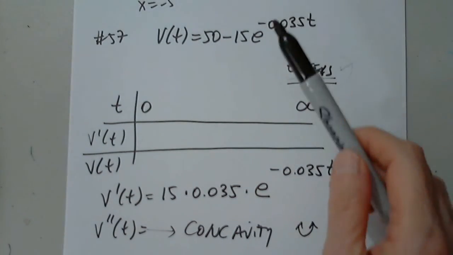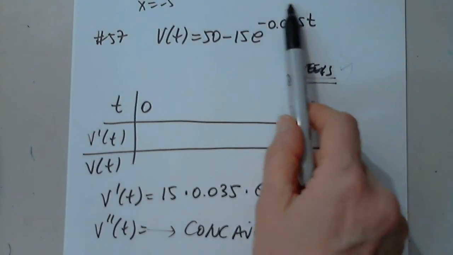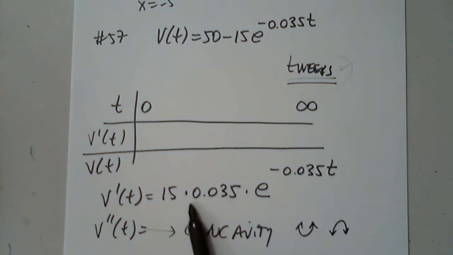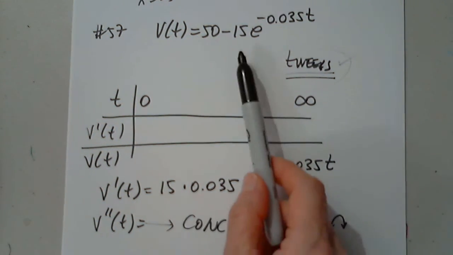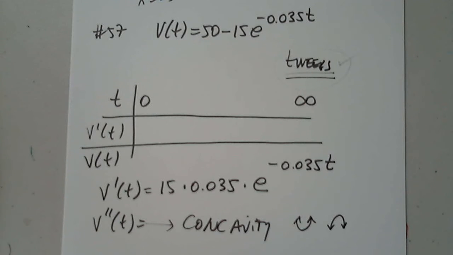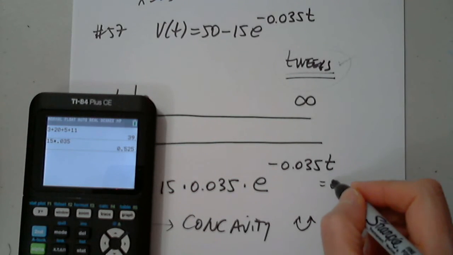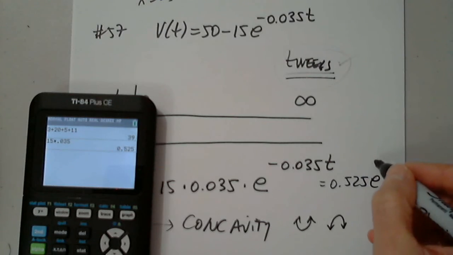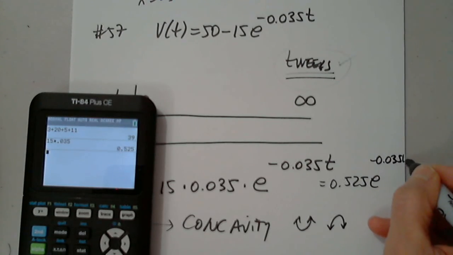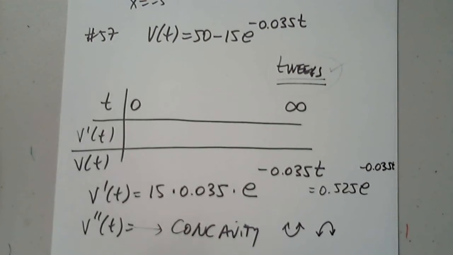The derivative of e to a function is e to the function times the function prime, but this prime is negative 0.035, and I had 15 in front. So I'm just going to multiply 15 times 0.035. I got 0.525 e to the negative 0.035t. Okay.